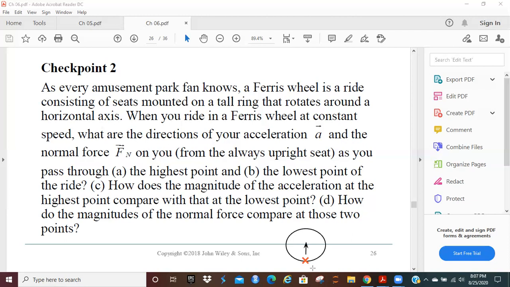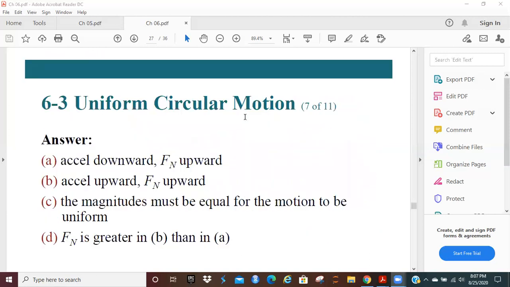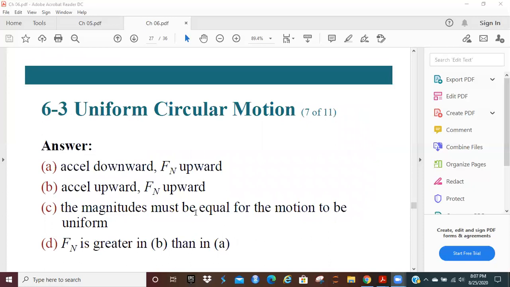Down. Mm-hmm. So how does the magnitude of the acceleration at the highest point compare to that at the lowest point? If it's going to be uniform, then the magnitudes have to be equal.